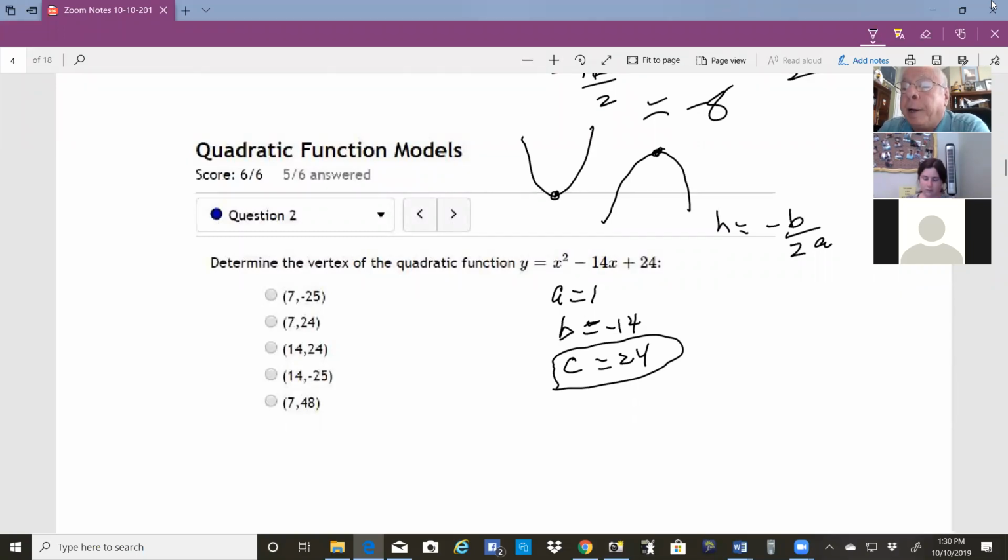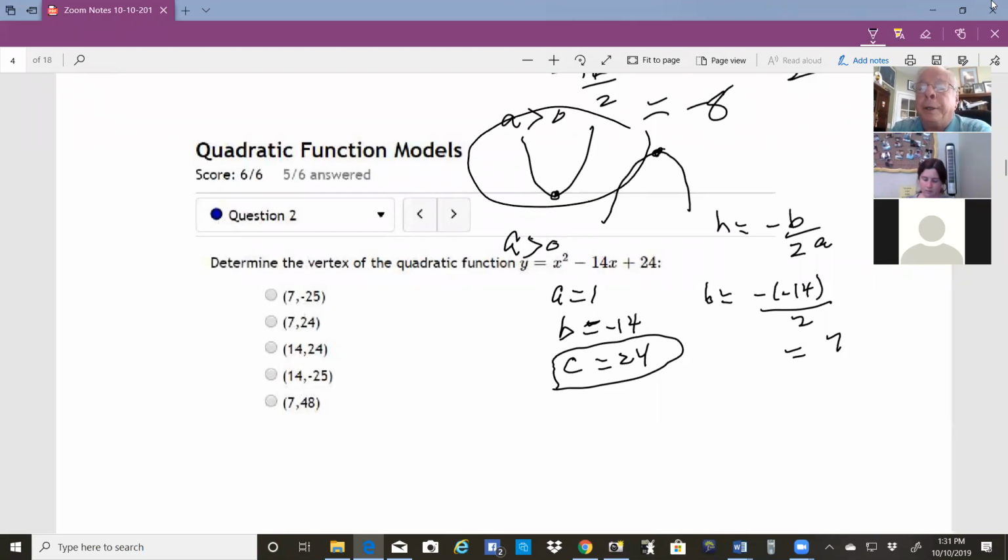So the h value is minus b, which is minus minus 14, divided by 2a, which is 2. So it's going to be 7. So the x value of the vertex is 7. By the way, since a is more than 0, it's going to open up.